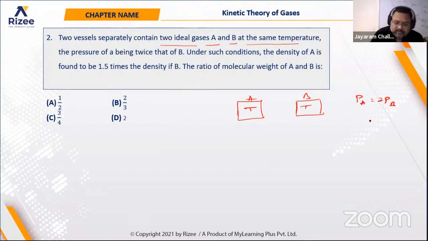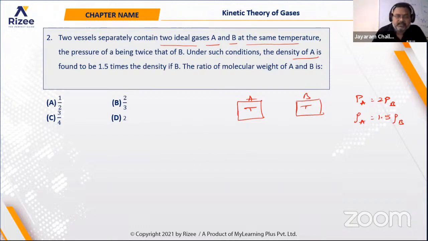Next one, under such conditions, the density of A is found to be 1.5 times the density of B. Great. Next one, the ratio of the molecular weights he is asking. Pressure he has given, density he has given, temperature is same. Then he is asking the molecular weight.